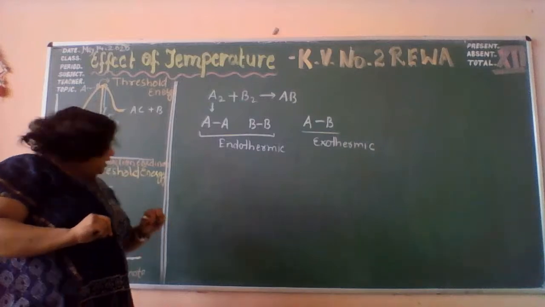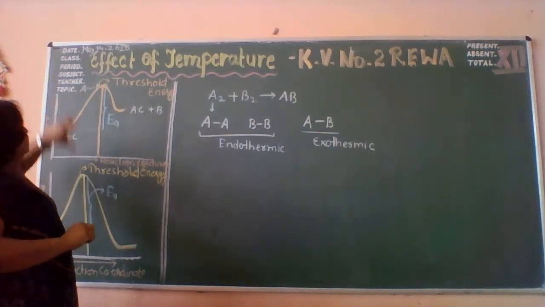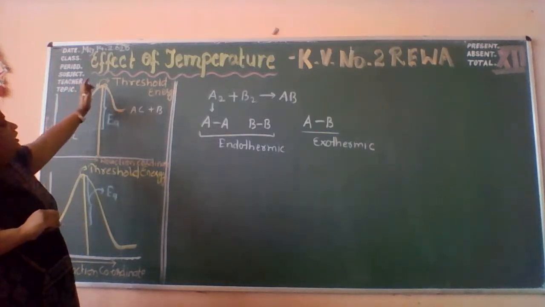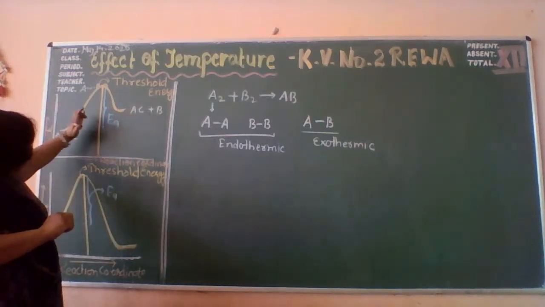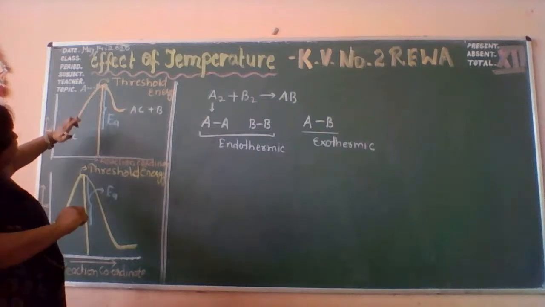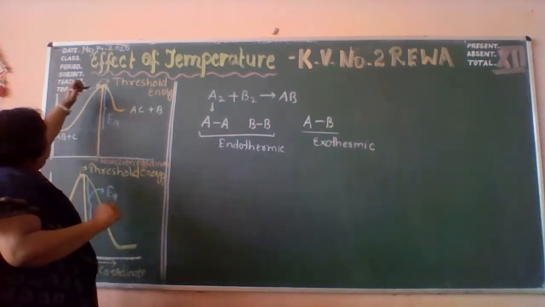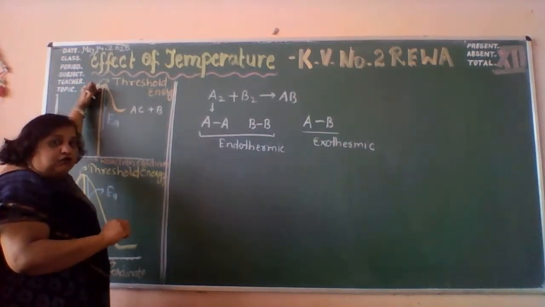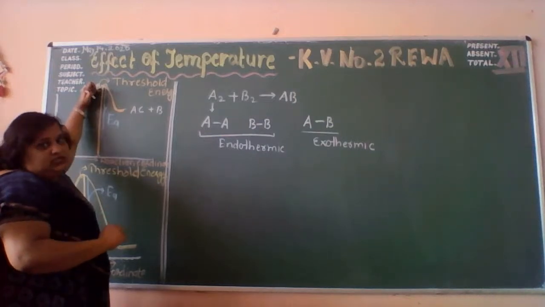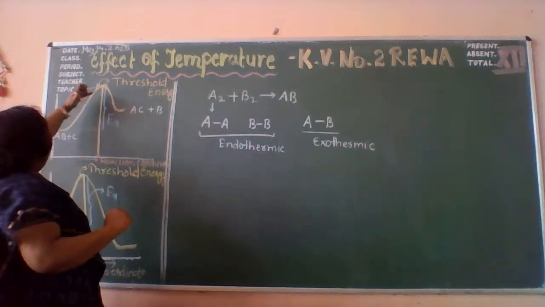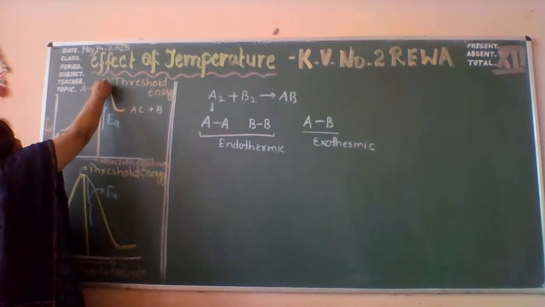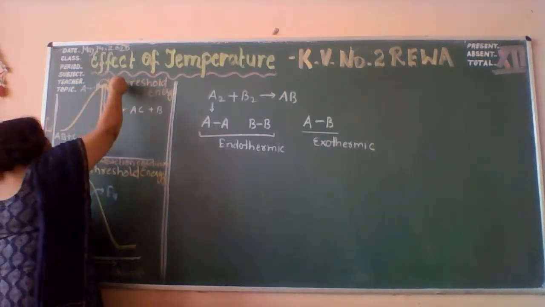It's a must that if you have this much energy, only then the reaction can complete and the reactant can participate. Actually, intermediate compounds are formed, transition states are formed by this change, right? And this amount of energy is called the threshold energy.